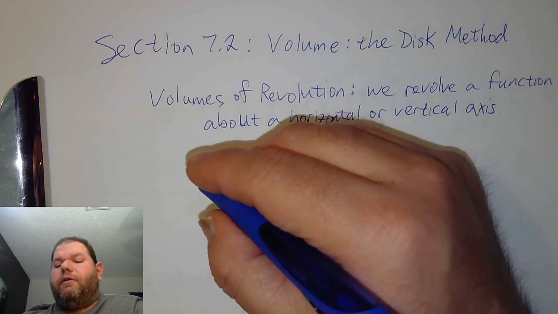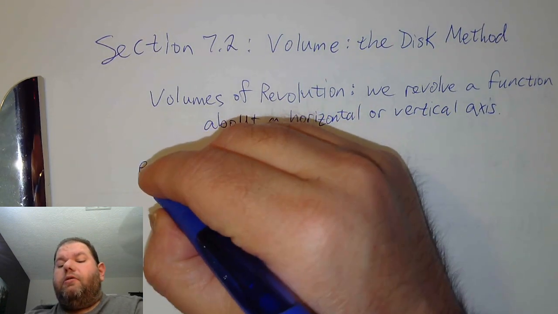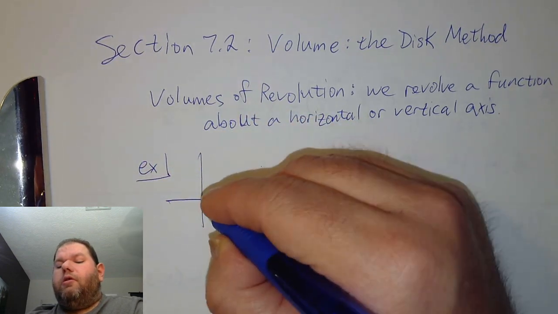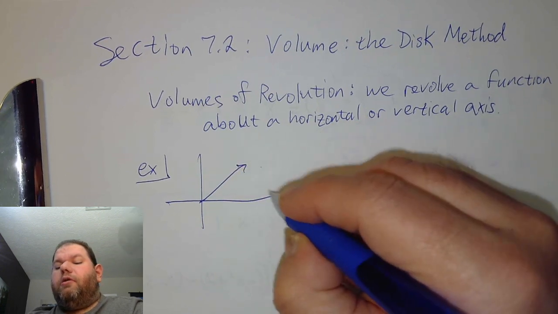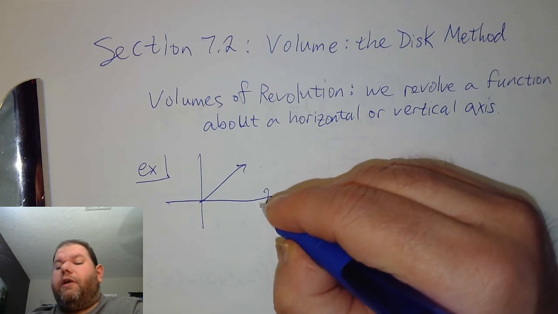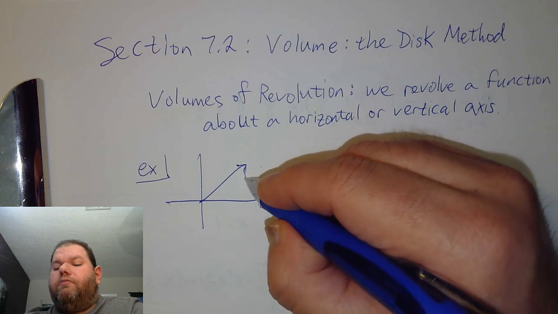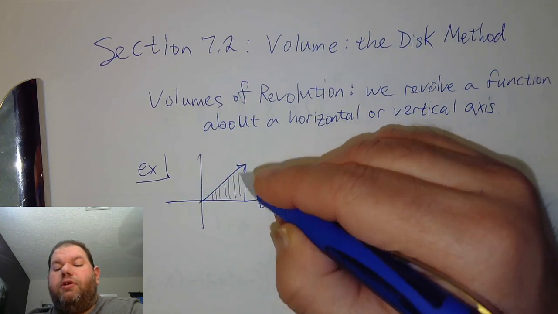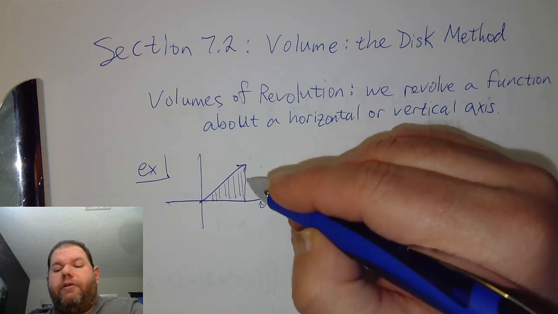So let's think of a relatively simple example. We just have a line, and we're going to revolve that around the x-axis. Generally it's not just a line, but a shaded region, in this case bounded by the line, the axis, and this other line on the right hand side.